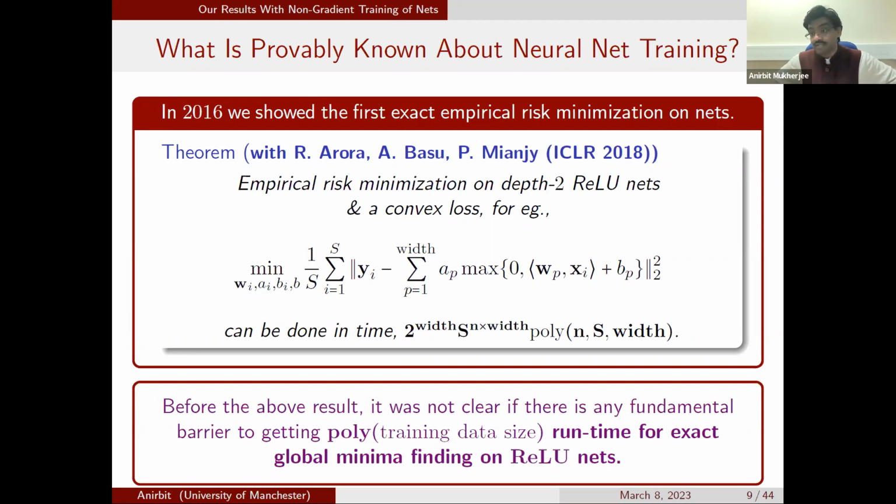And neither do we know of any complexity barrier to it. So it's a hugely complicated mathematical open question: either prove a complexity barrier at high depths or prove that there is an algorithm. We don't know which way it goes. So this is one kind of algorithm, which I would call exact algorithms. Okay, it is possible to find exact global minima of certain neural networks under pretty general conditions.